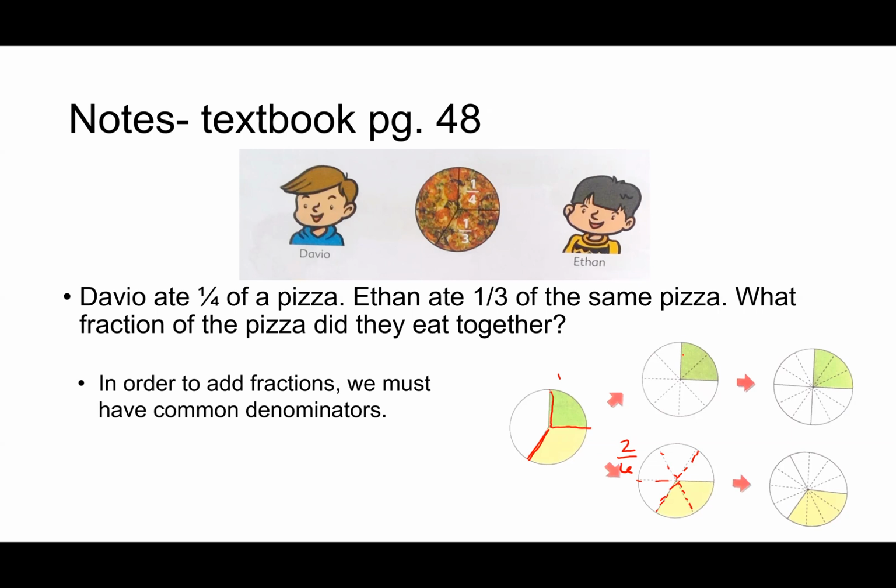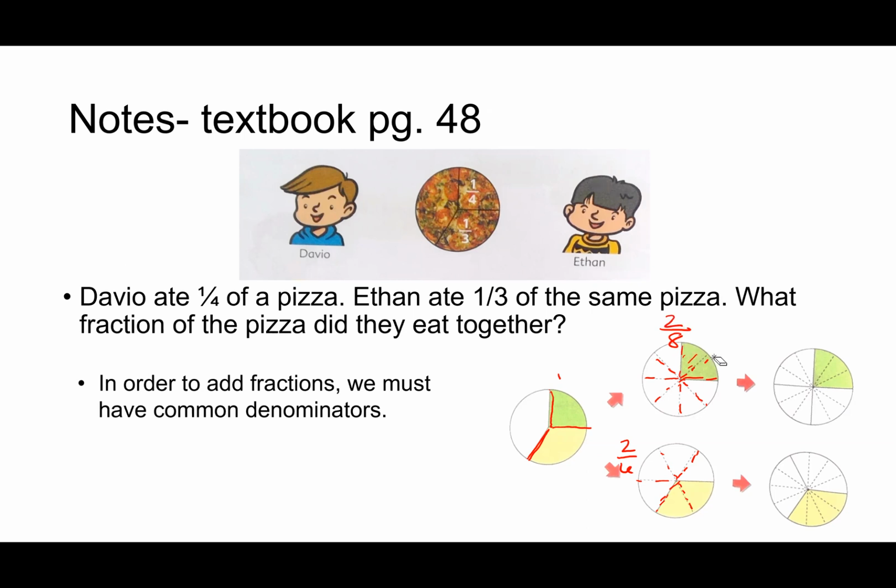If I do the same up here and I take my quarters and divide those up into half, how many pieces is my pizza now divided up into? Kylie? Yeah, and how many portions did Ethan eat? Let's see. Oh, I got my people mixed up here. I'm sorry. Davio was the one who ate the 4ths and Ethan ate the 3rds. Davio ate 2/8 of the pizza.